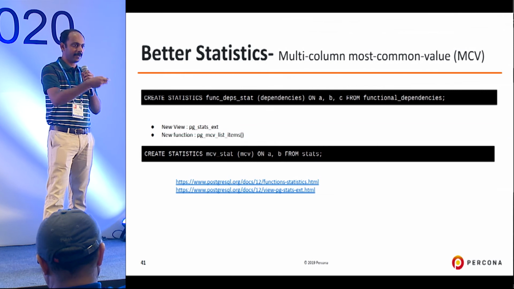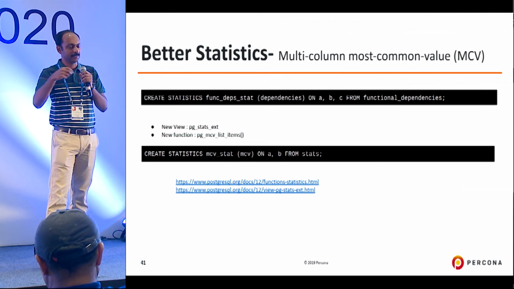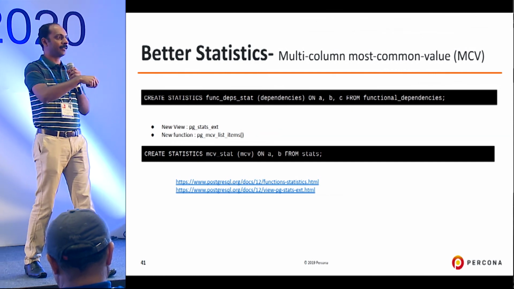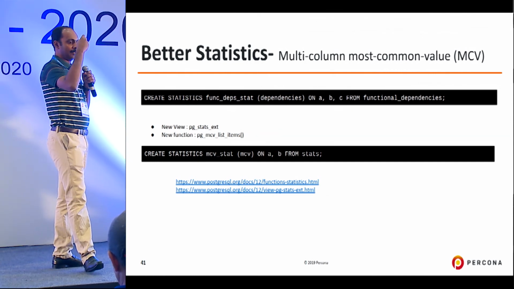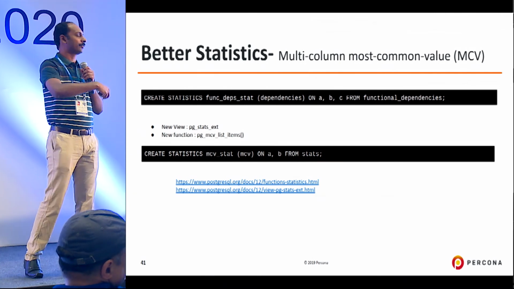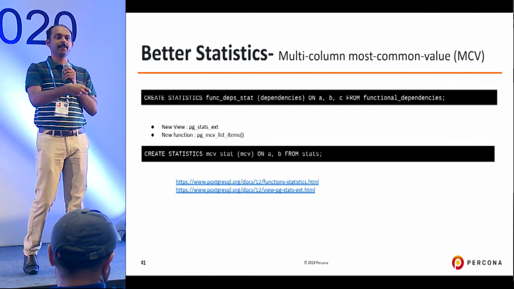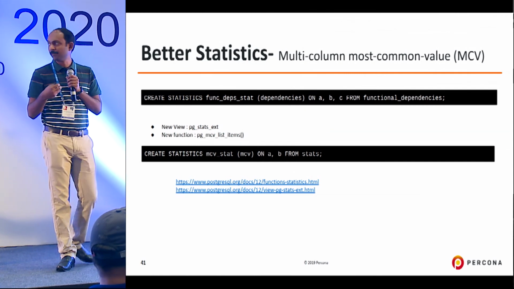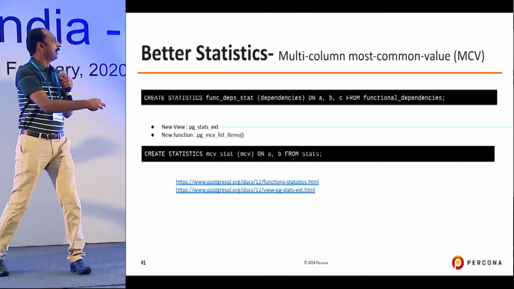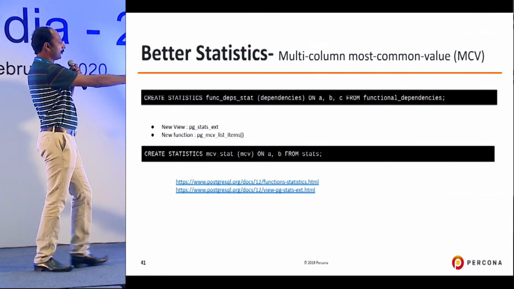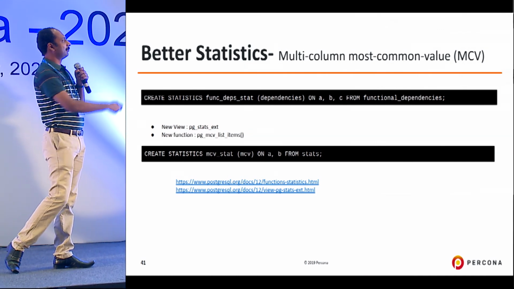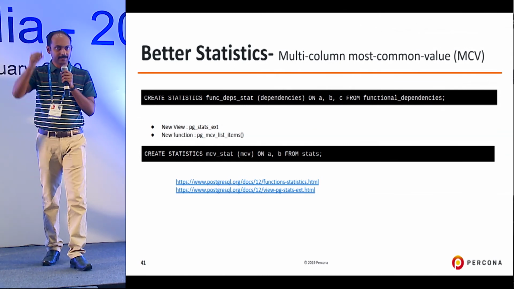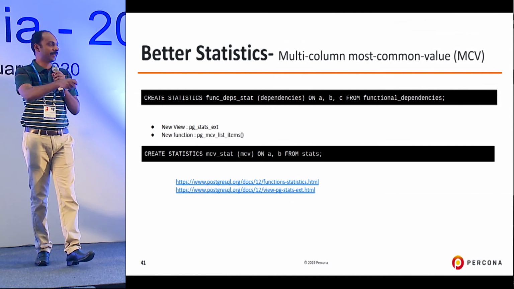In the same table, if I'm storing a state ID also, the city ID and state ID have a relation. Similarly, if there is a pin code, all those things have functional dependencies between columns. So this way stats collection will allow more information. And it is further improved by multivariate statistics, because it not only captures column-wise dependency, we have row-wise dependency also captured now.